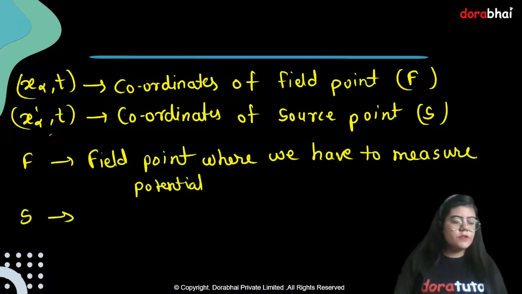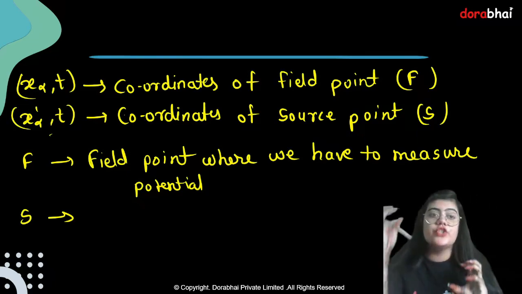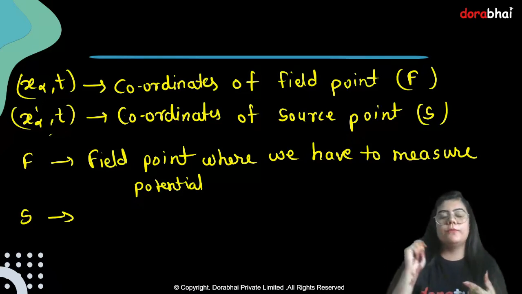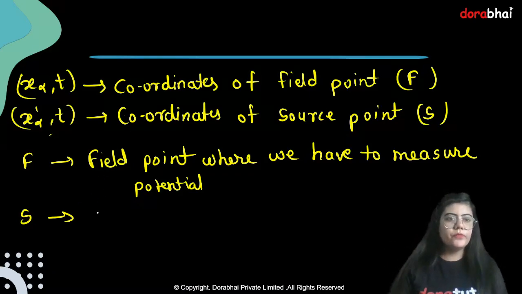And S is our source point, where the field is produced, and due to that field there is a particular potential at point F, and we are measuring the potential at point F. We are measuring vector potential and scalar potential over there.